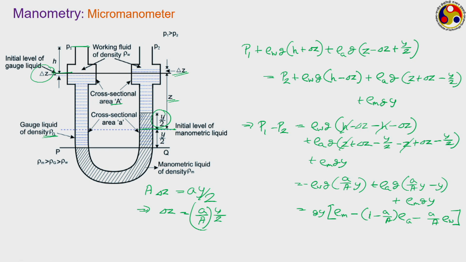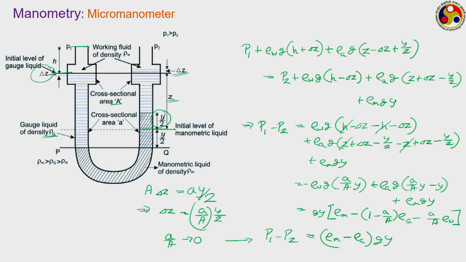So we have the expression for this pressure, and when this small a by capital A tends to 0, then we have P1 minus P2 nearly equal to rho m minus rho g into g into y, when the cross section area of this capillary is extremely small compared to that of the bulb.